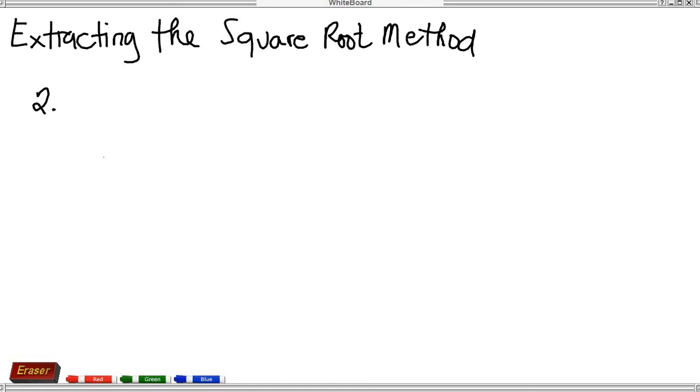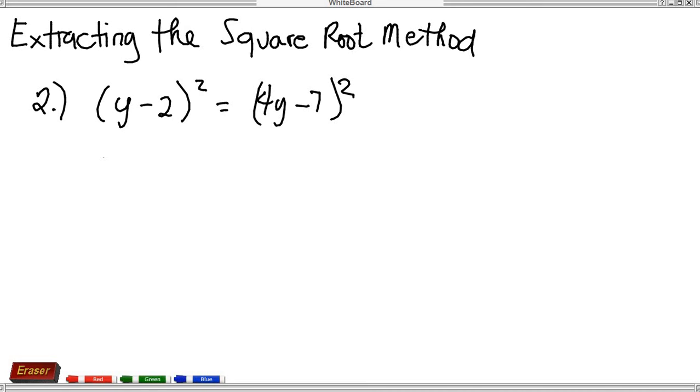Example number 2. Say we have (y − 2)^2 = (4y − 7)^2. How are we going to solve this one? We simply take the square root of both sides.